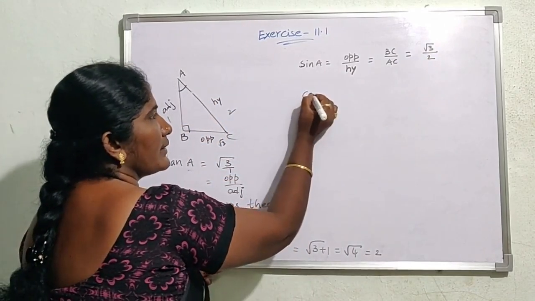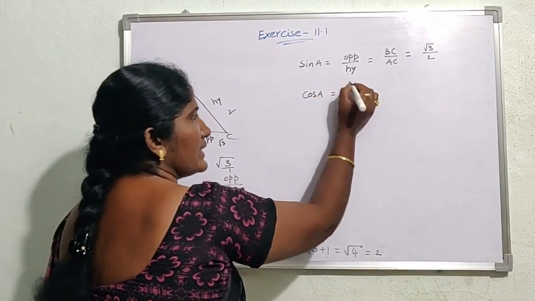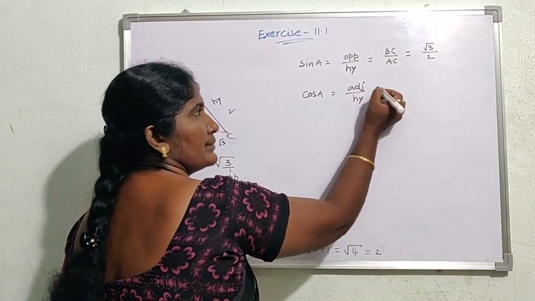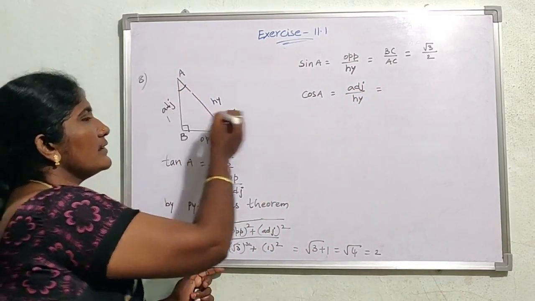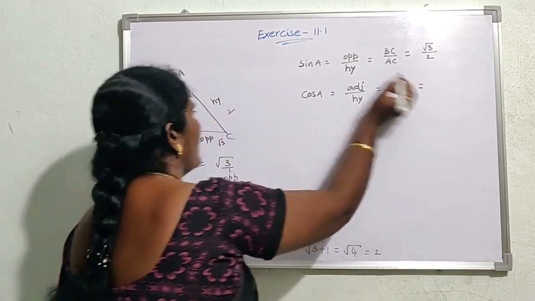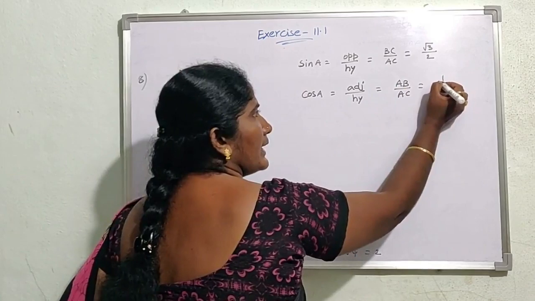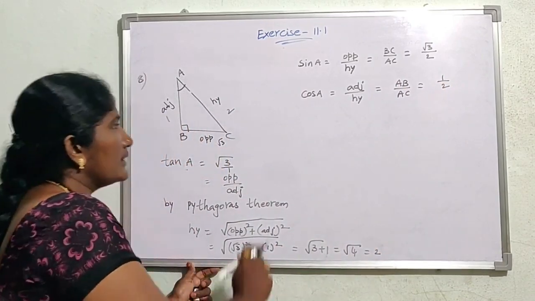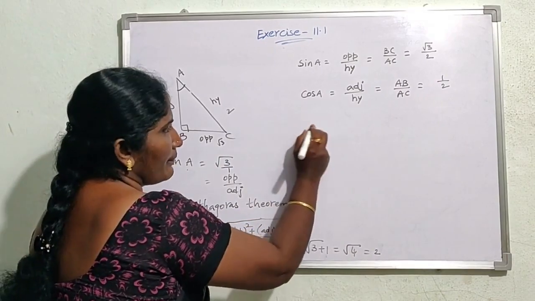Next cos A. What is formula for cos? Adjacent side by hypotenuse. What is adjacent side here? AB by hypotenuse AC. AB value is 1 and AC value is 2.